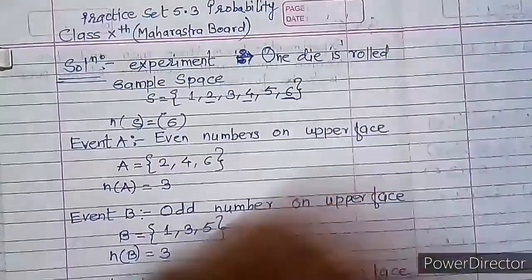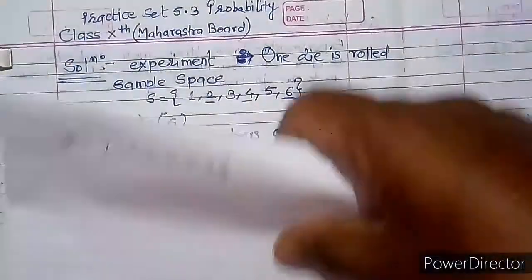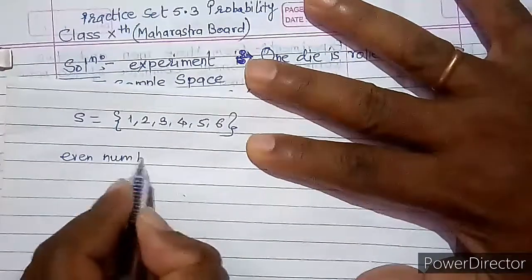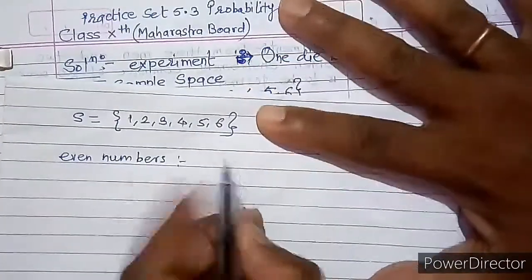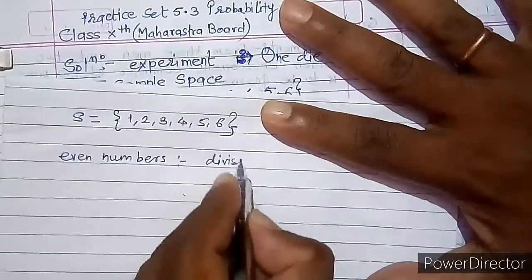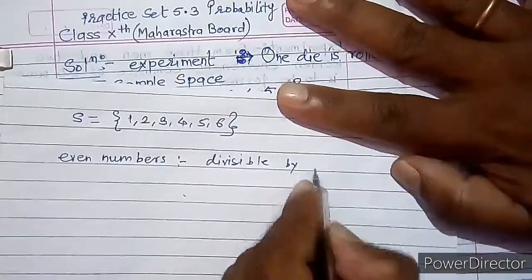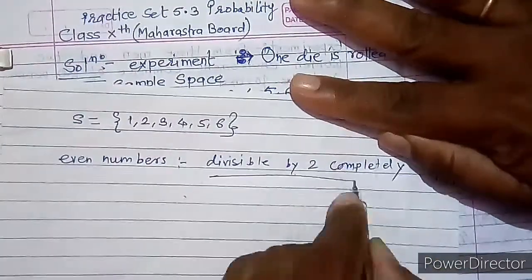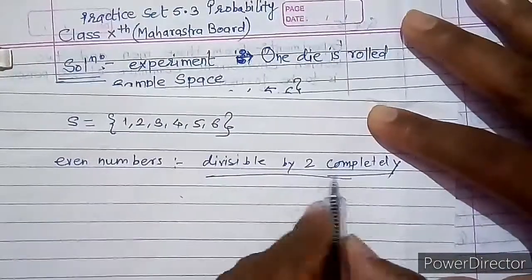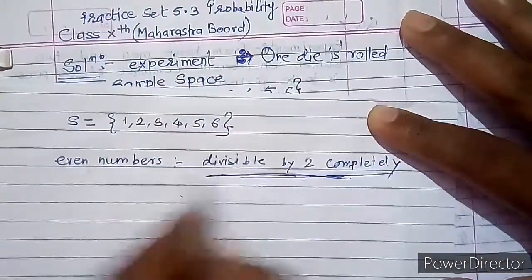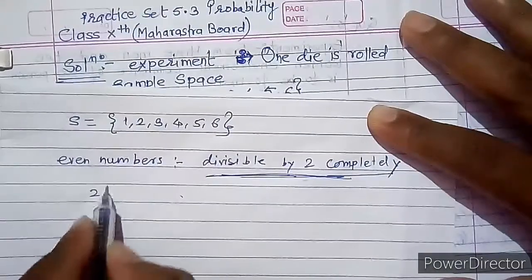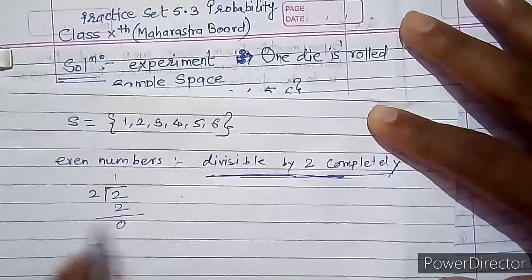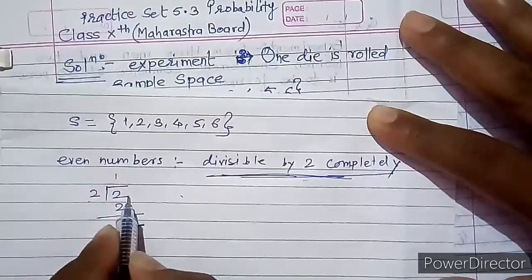We know the even numbers are those numbers which are completely divisible by 2. For example, 2 divided by 2, 2 ones are 2, remainder is 0, means 2 is completely divisible by 2.